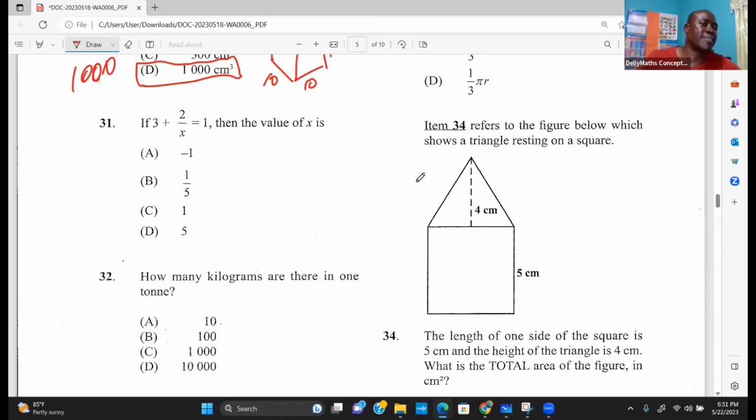Check this one out now. Everybody solve that one for me. Let me see those who are solving.